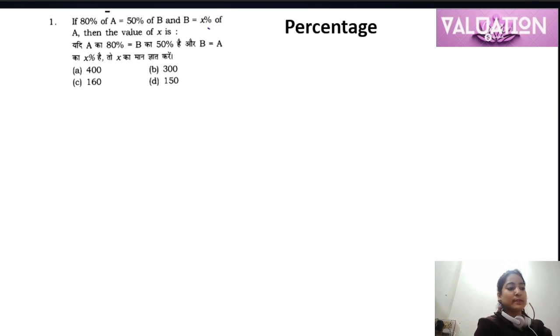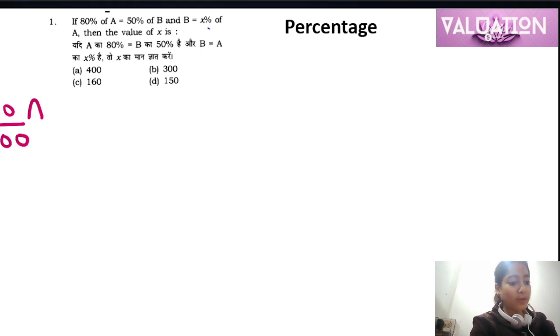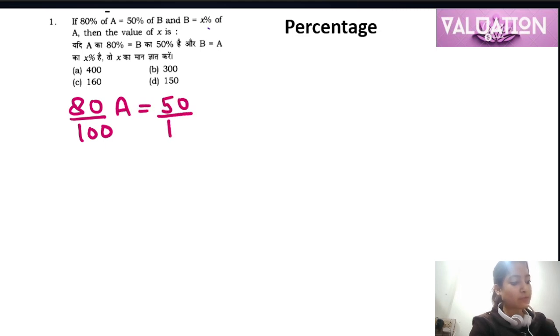The first question is: if 80% of A is equal to 50% of B. We can write 80% as 80 over 100. So 80% of A is equal to 50% of B. What are we asked?